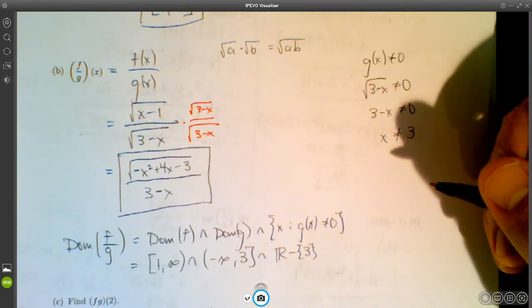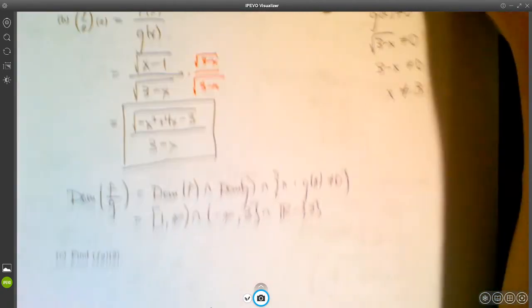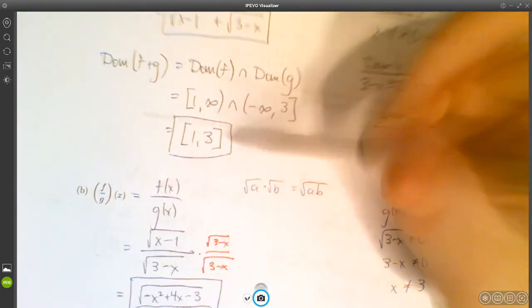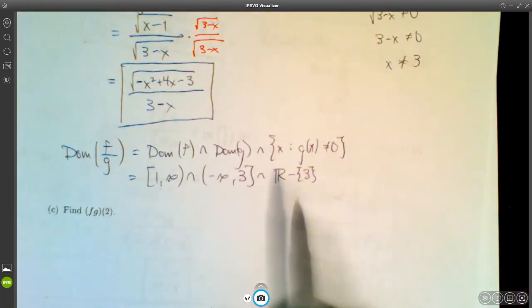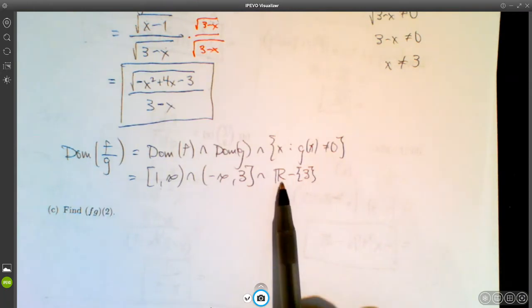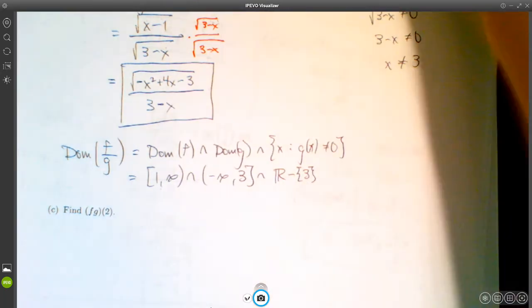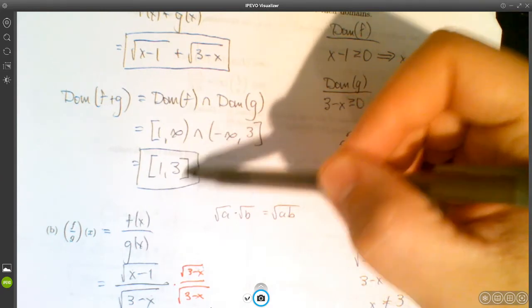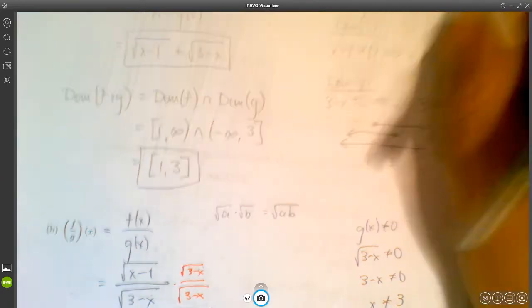So what does this all mean, right? We know that 1 to infinity intersected with negative infinity to 3 is just 1 to 3. But now we have this additional restriction where x is not allowed to be 3 itself. So instead of having a square bracket on the 3, I'm just going to have a rounded parenthesis since x is not allowed to be 3.